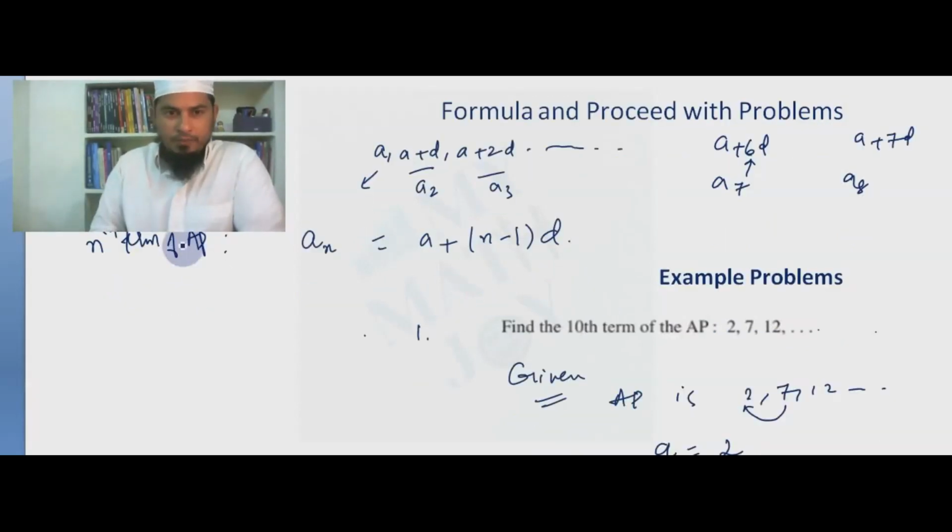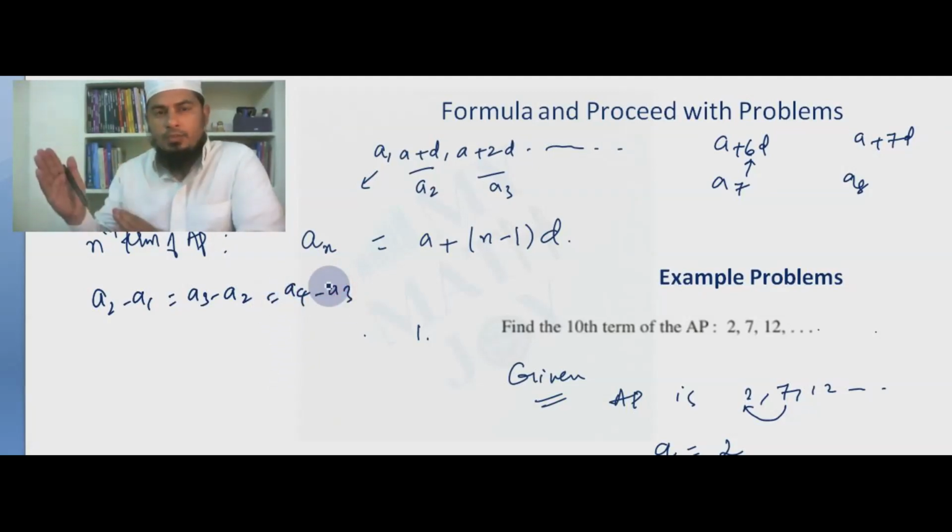Moreover, the common difference of the AP is given by a2 minus a1 is equal to a3 minus a2, the subtraction of successive terms.